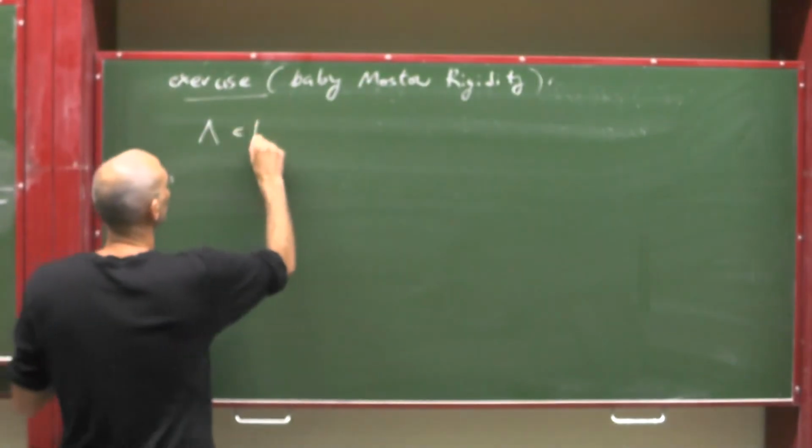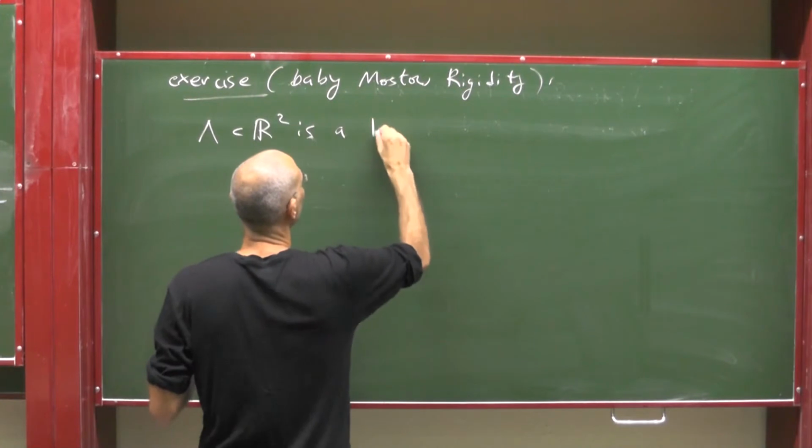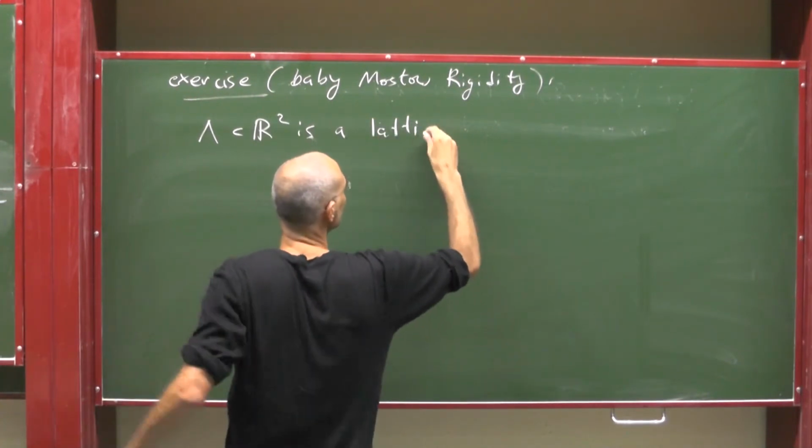If lambda in R2 is a lattice, then every lattice is of that form.